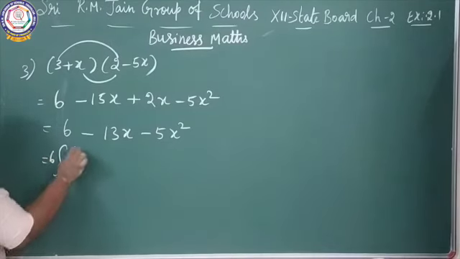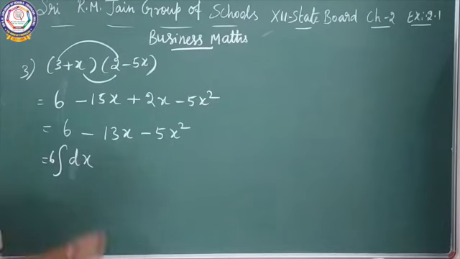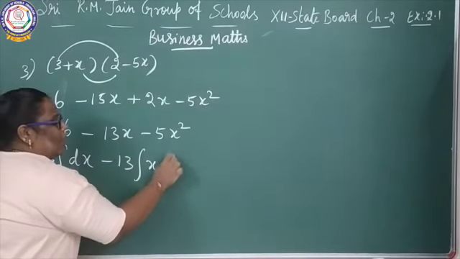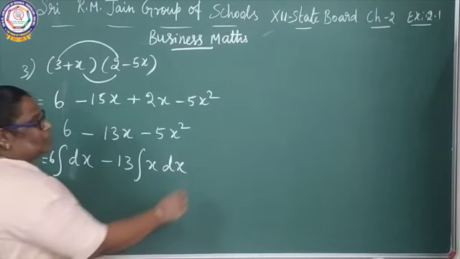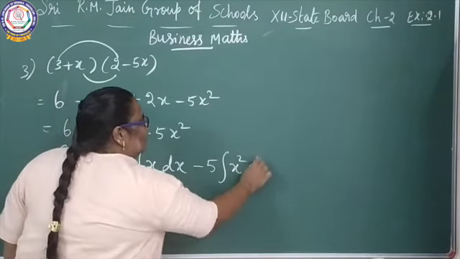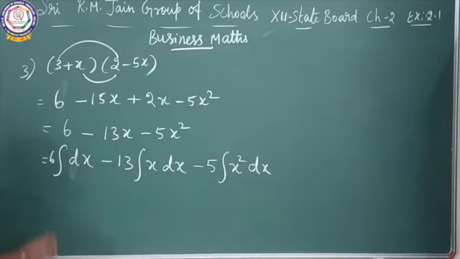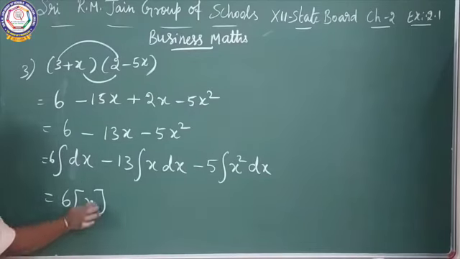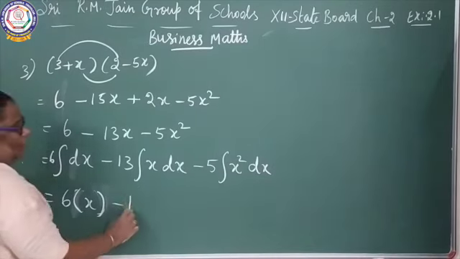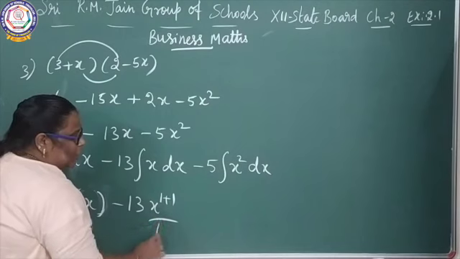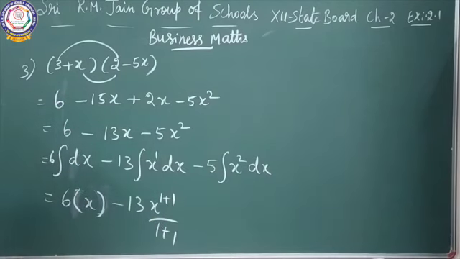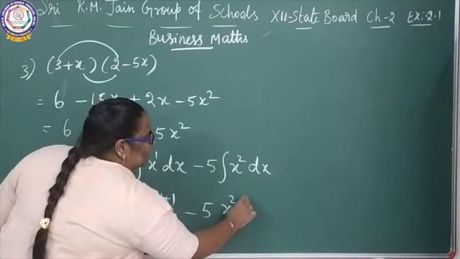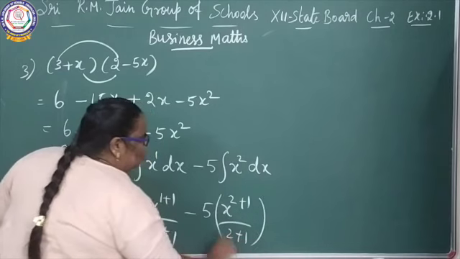Now we will integrate. The 6 you can take as a constant, commonly out: 6 into dx minus 13 into x dx minus 5 into integral x square dx. So 6 into x, or 6x, minus 13 into x power 1 plus 1 by 1 plus 1, because power 1, you can apply the formula x power n plus 1 by n plus 1, minus 5 into x power 2 plus 1 by 2 plus 1.